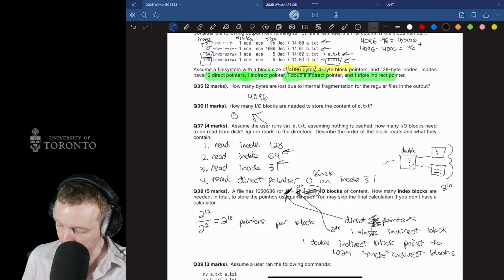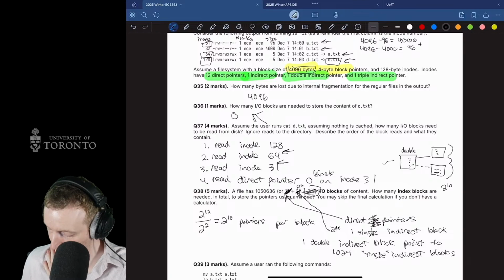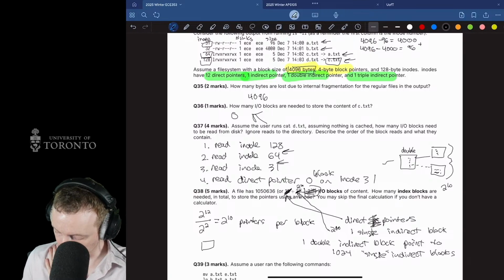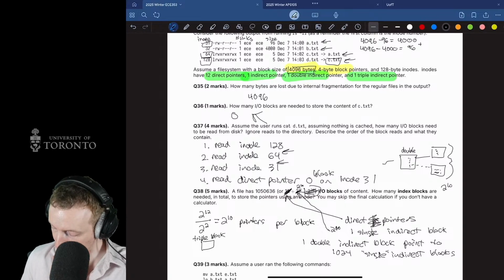So we've handled that. So now we have to handle the next 2 to the 10 entries. For that, well, we need one triple block. And we know we can fit 2 to the 10 on a single indirect block. So at the lowest level, our single indirect block here would be full of 2 to the 10 entries, to cover all of them.